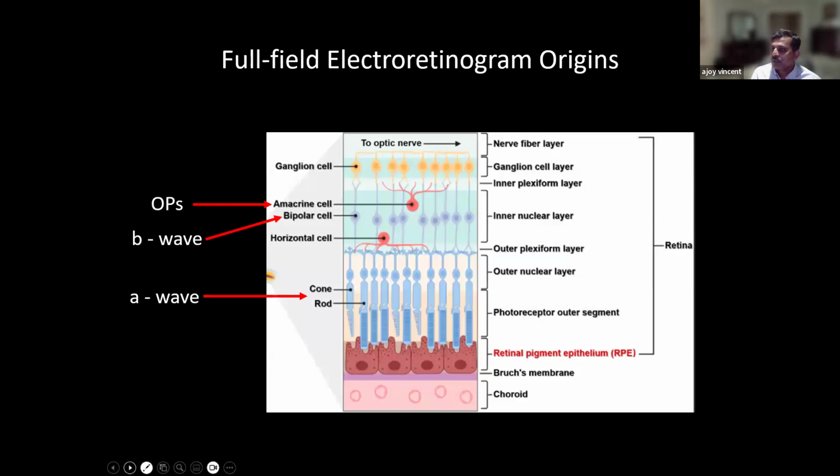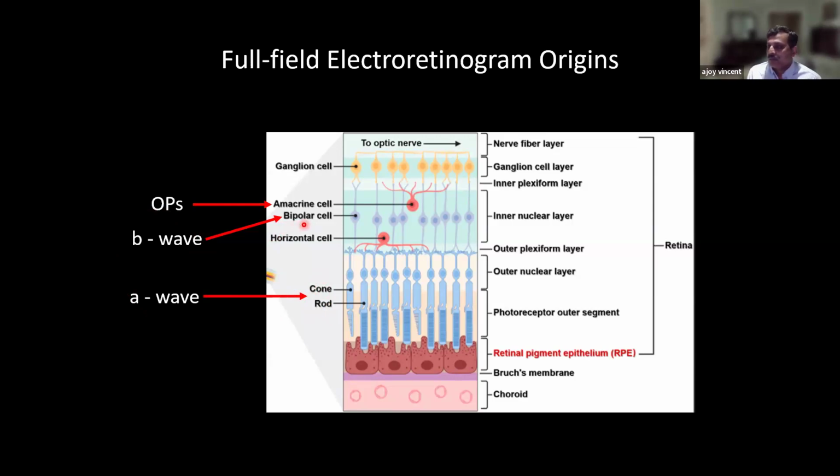So this is a schematic of the retina. As you can see here, I have marked three important features. There is the A wave, which is the first wave you will see in the electroretinogram, and that arises from within the photoreceptors, the rods and cone photoreceptors respectively. The adaptive state of the eye determines which system the responses come from. Whereas the B wave, which is the second, positive wave, comes from the bipolar cells.